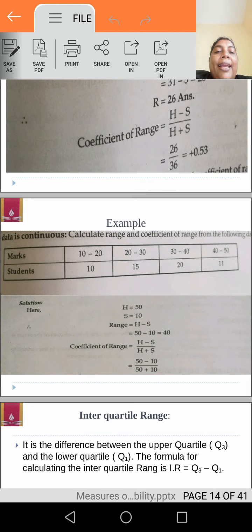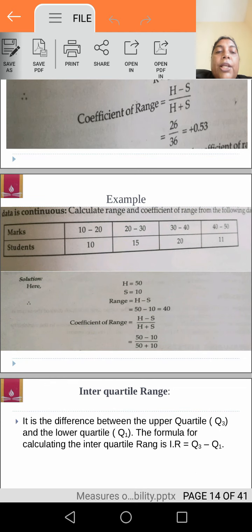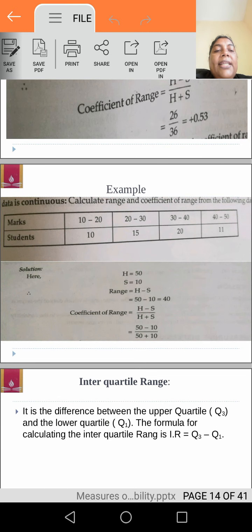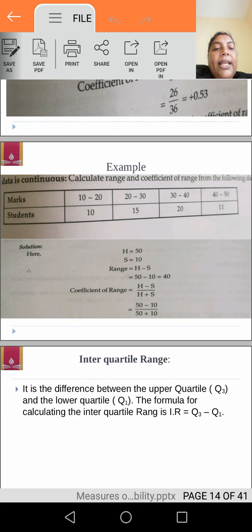So here we need to know the lowest value of the class interval is 10, and the highest value of the class interval is 50. So range is equal to H minus S, so 50 minus 10 is equal to 40. Coefficient of range is (H minus S) divided by (H plus S). That's 40 divided by 60, which is 0.66. So we can round it up as 0.67.